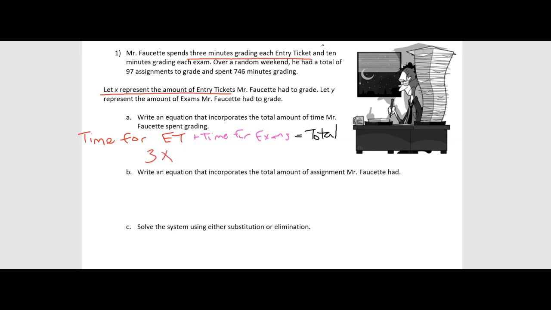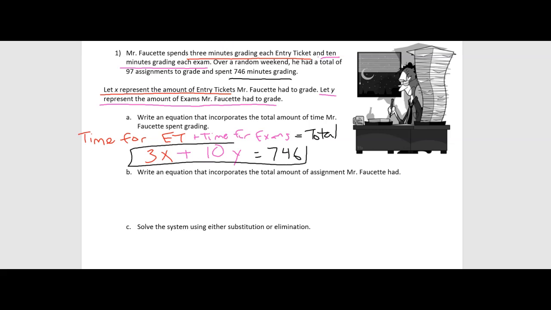So 3 times X. For the exams, I had 10 minutes for each exam and Y exams. I don't know how many, we're just letting Y equal. So 3X plus 10Y. And it said my total time was 746 minutes. So that should all equal 746. So there's my first equation. 3x plus 10y equals 746.